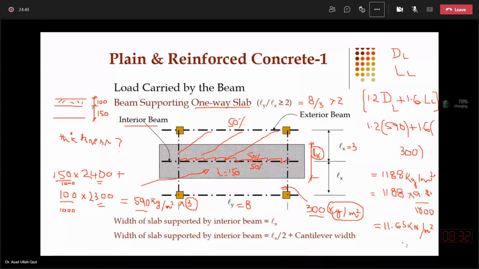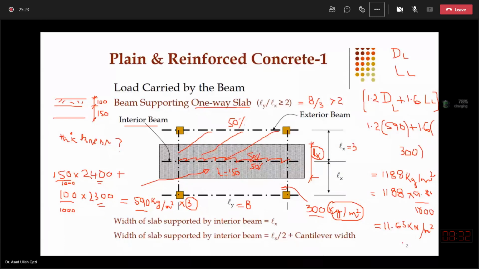In SI system of units, the ultimate pressures you will mostly use will be around 11 to 15 kilonewton per meter square on normal slabs of thickness around 150 millimeter, ordinary finishes of 100 millimeter thickness and normal live loads, not very extraordinary heavy loads like on warehouses or godowns where the proposed live load will be higher.